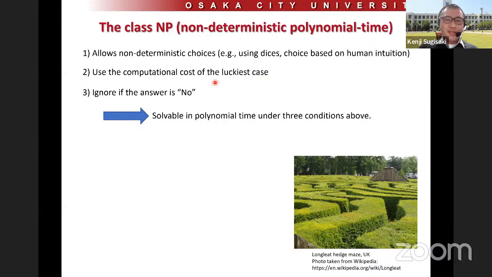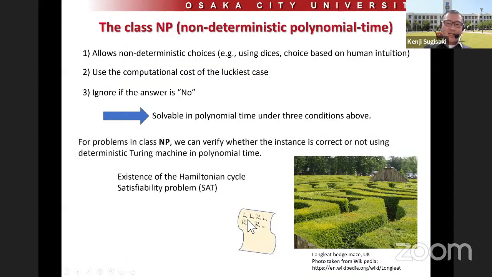This means that if you have a paper that includes the answer of the maze, you can find the way: go here and turn left, left, right, left, right, left, right, and so on.